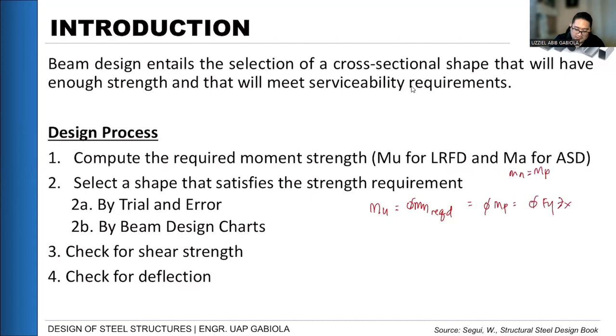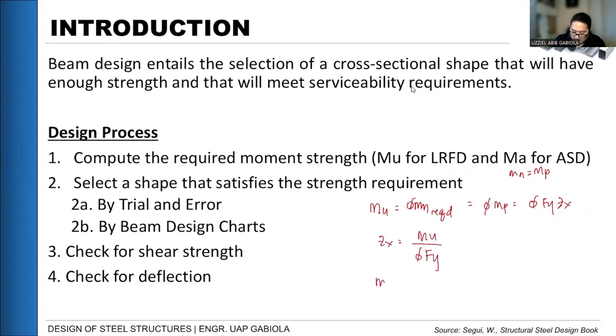So, kapag na-calculate natin yung ultimate moment natin using yung load combination natin, ang kailangan natin kunin para makapag-select tayo ng shape is kung ano yung required na Zx o yung plastic modulus natin. So, Zx is equal to Mu over phi Fy. So, ito yung kailangan natin kapag LRFD yung kinakalculate natin.